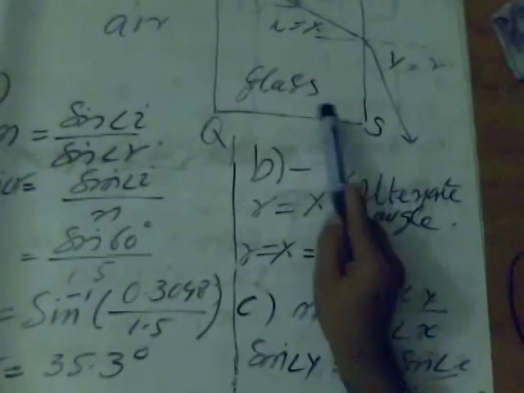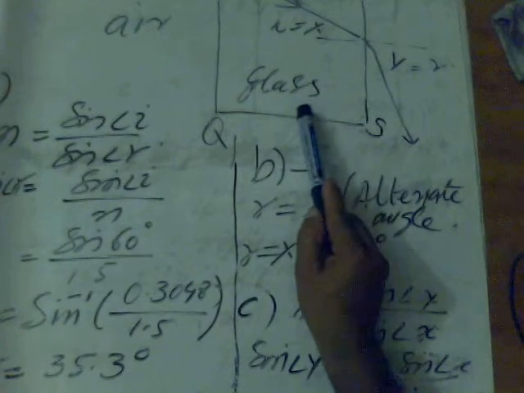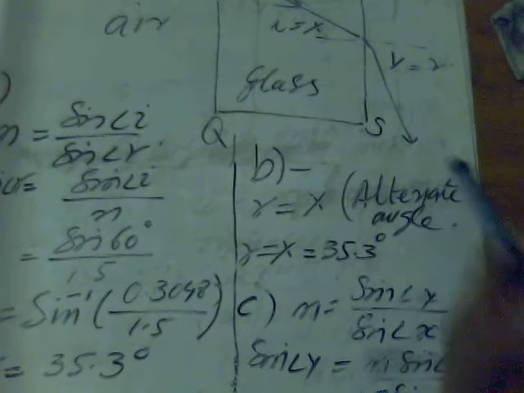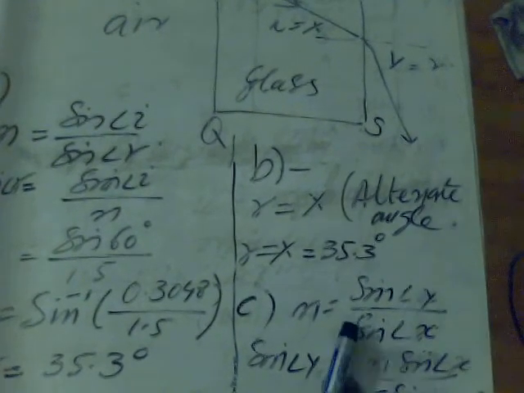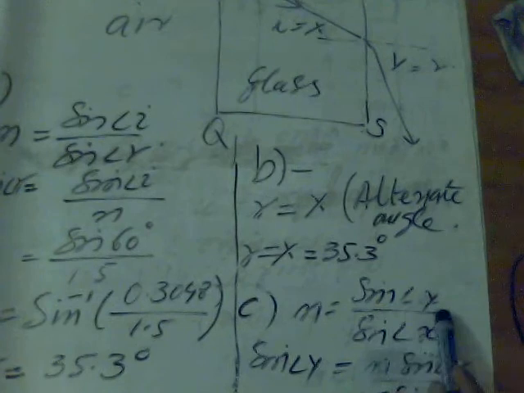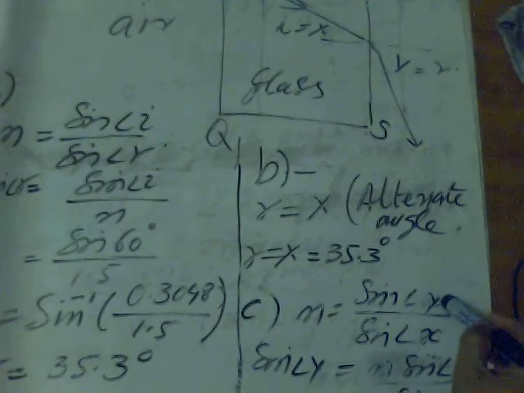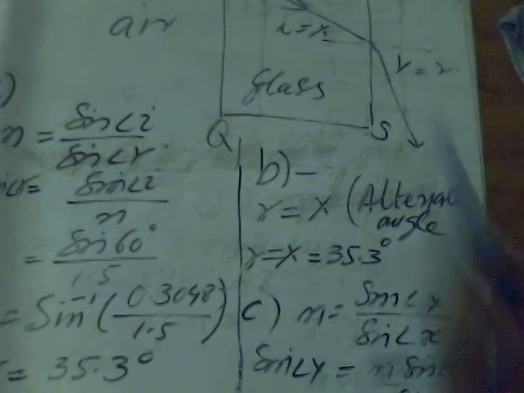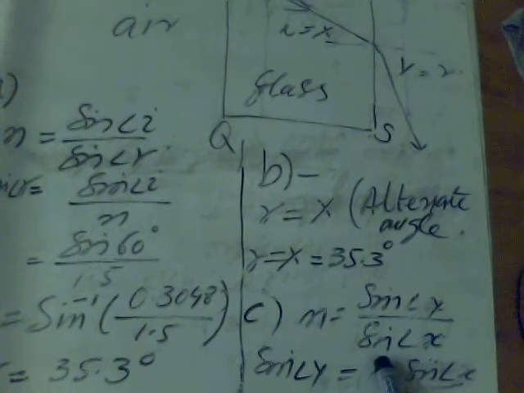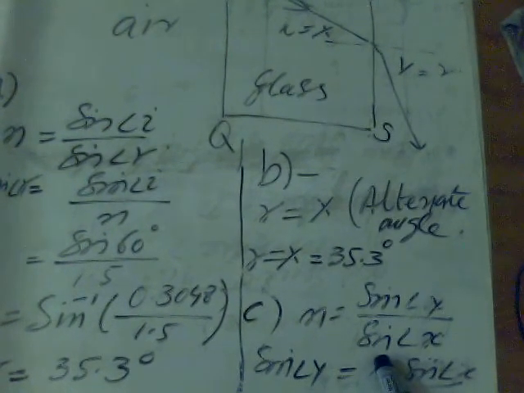But when the light rays come out from the denser to the rare medium, the same formula will be changed. Sine angle y, the angle of refraction, will be in the place of the denominator, and the angle of incidence will be in the place of the numerator.